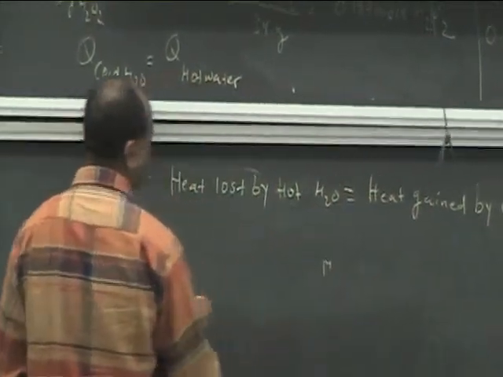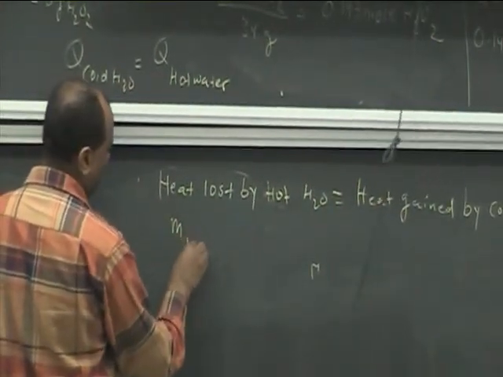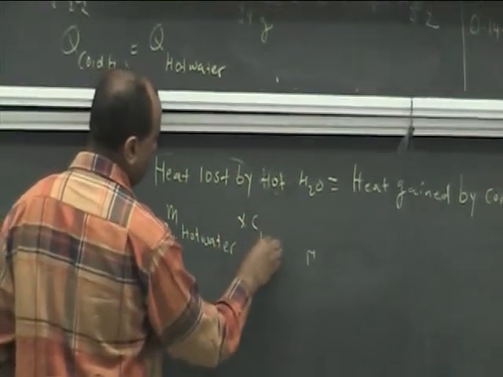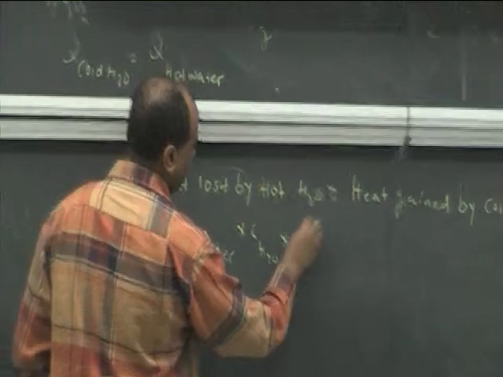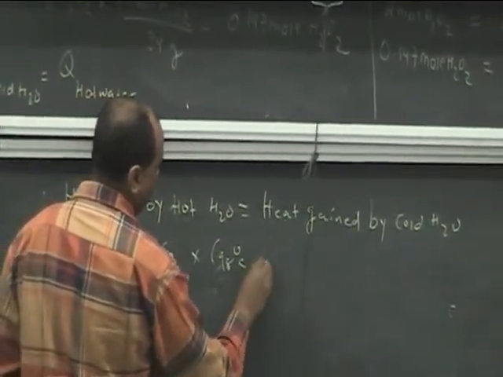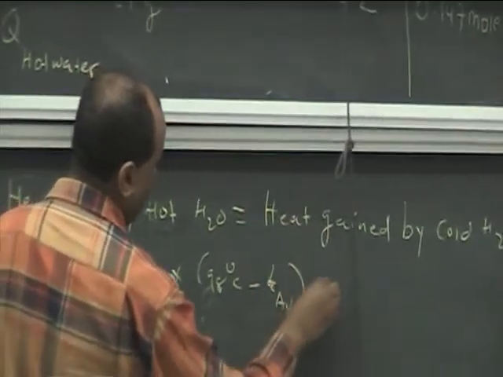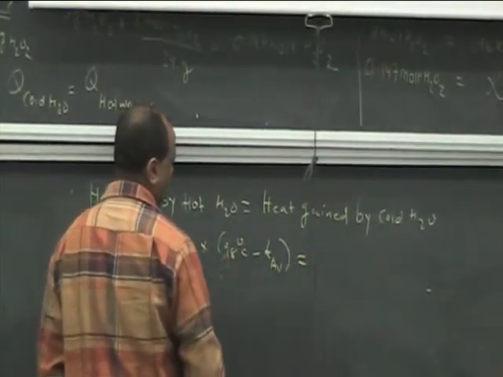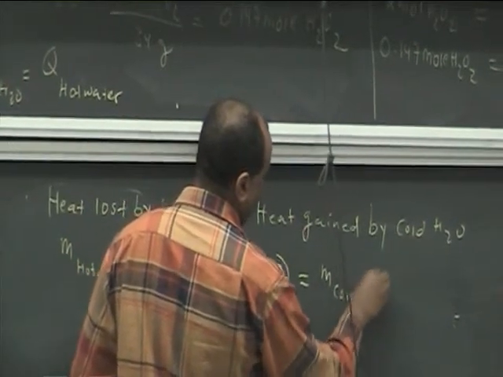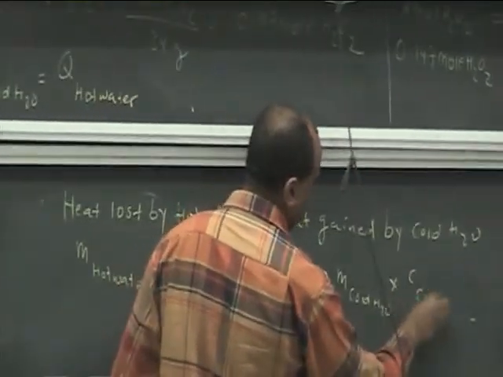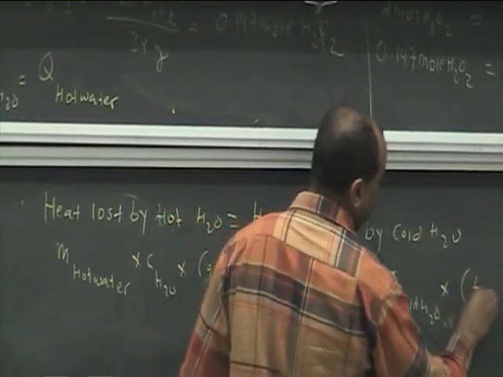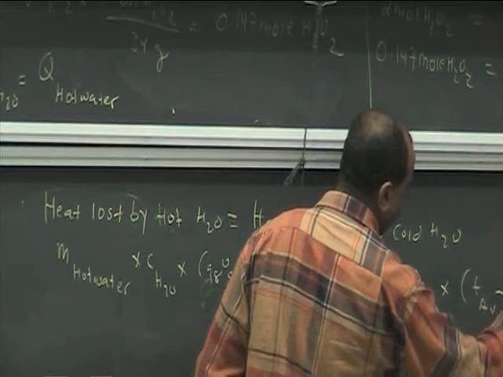Heat lost by hot water is the mass of the hot water, times the specific heat of the water, times the difference in temperature, 98 degrees centigrade minus the average. Heat gained by cold water is going to be the mass of the cold water, times the specific heat of the cold water, times T average minus 25.